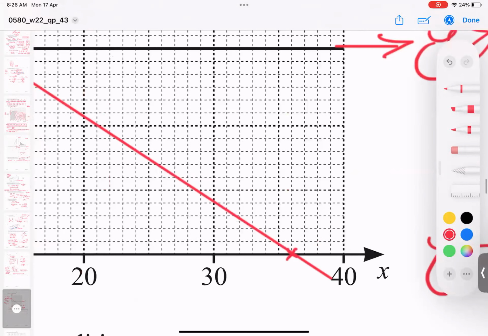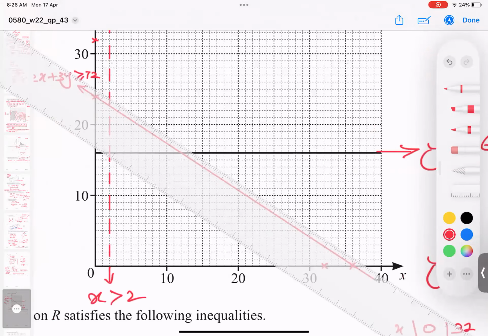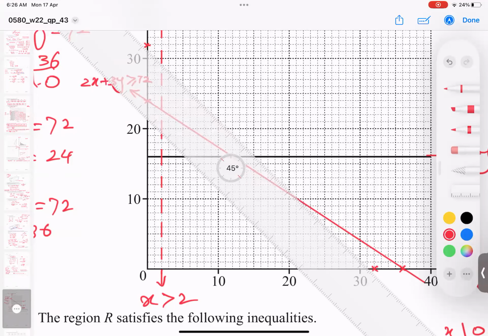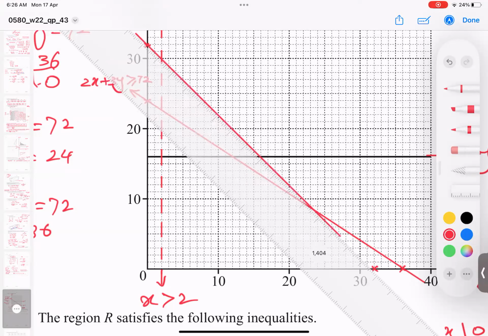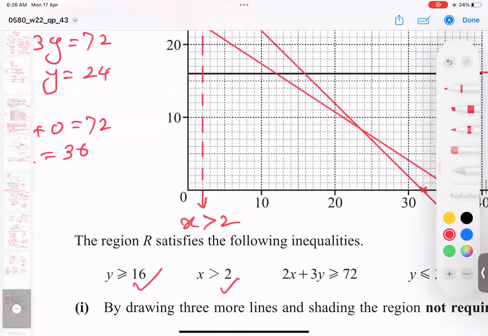And where is 32 on the other axis? Here. Take a scale once again, and this time I think the point is clear. Okay. And remove the scale, and I'm writing the inequality here.